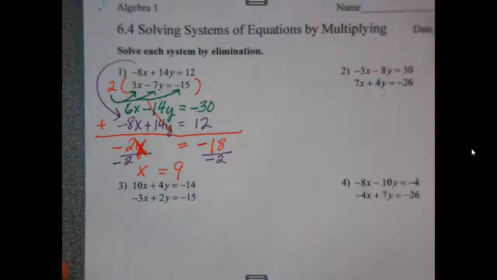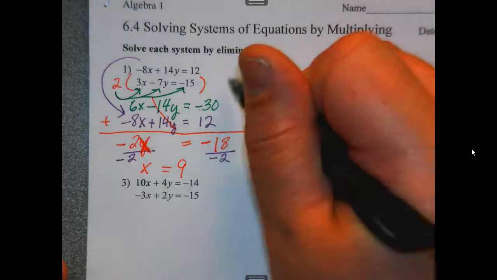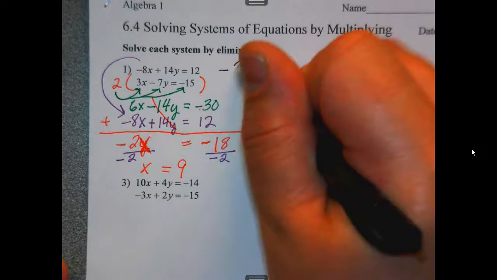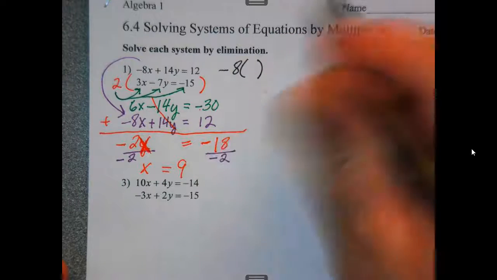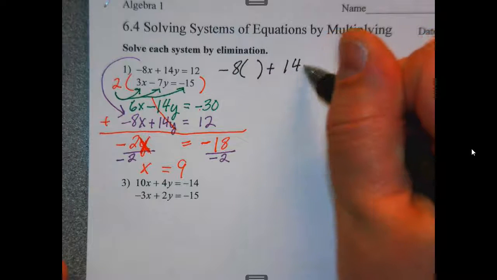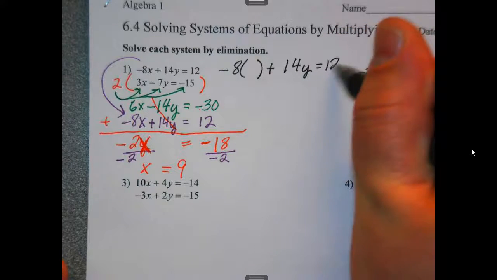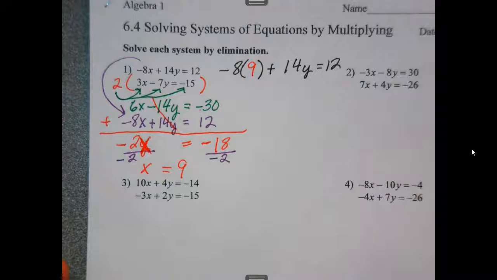Choose either one of the originals. That doesn't matter. I'm going to choose the top, -8x plus 14y equals 12. I'm going to substitute in because I have a value of 9 for x.